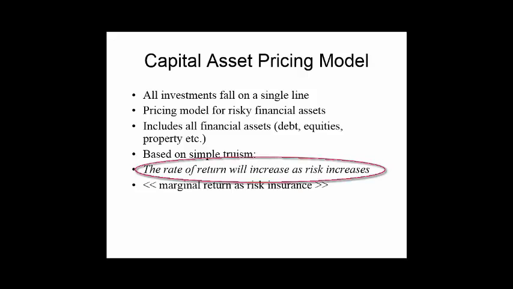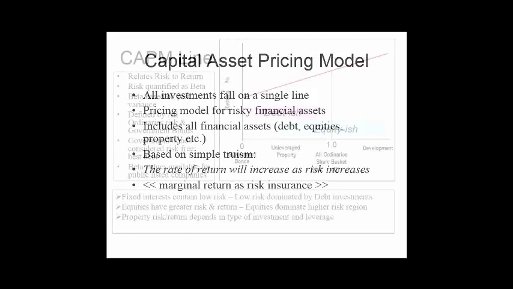It's really based on a very simple notion, a simple truism, and that is that the rate of return will increase as the risk increases. This means that the extra return is really a form of risk insurance for the investor. So the investor expects to be rewarded for taking risk in order to be able to pay for the costs if the investment falls over.